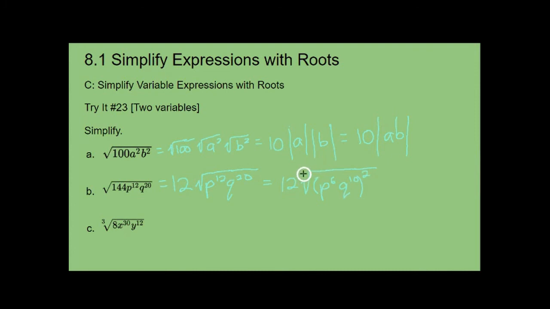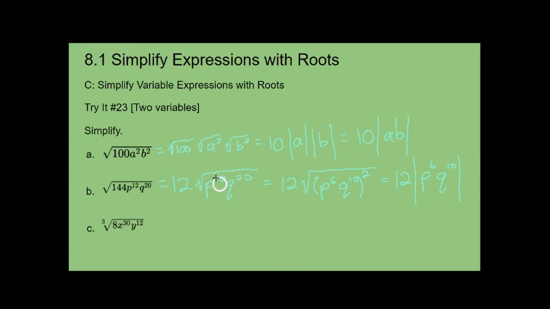So now I'm taking the square root of all this squared, so I can simplify, and I do need my absolute value bars because we're dealing with an even root. 12 absolute value of p to the 6 q to the 10. Okay, so if you'd rather not pull everything apart like this, take it all piece by piece, that's fine.